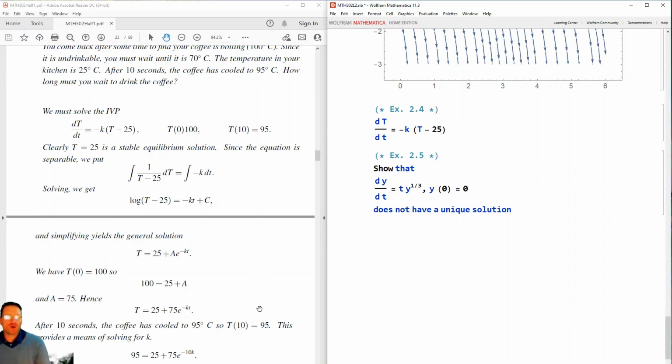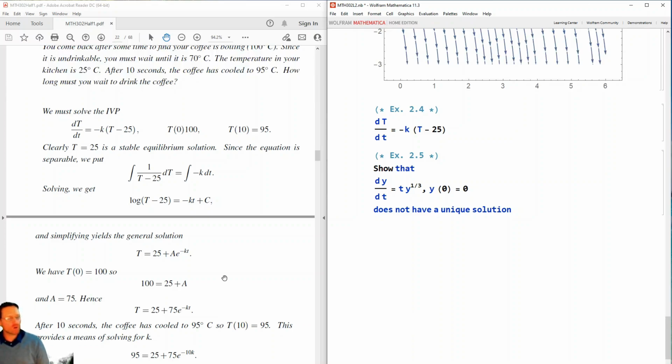Okay, so now we want to use our initial value. T of 0 is 100. So we sub in t is 0 for time is 0. e to the power of 0 is 1, so on the right-hand side, that just gives us 25 plus a is equal to 100. Now we can solve for a, which is what we want to do.